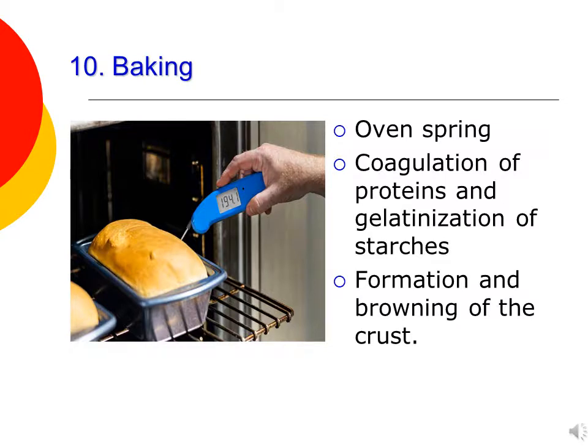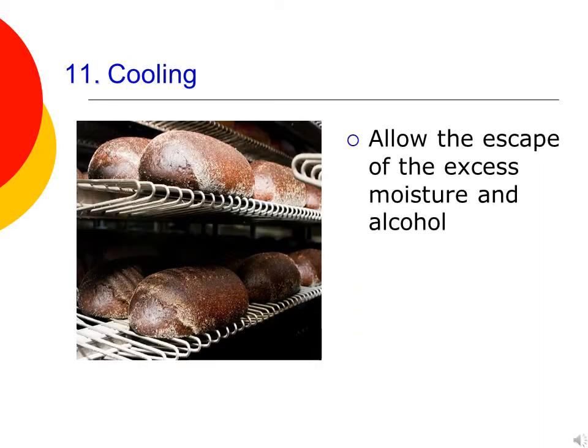In order to control the baking process, the following factors should be considered: oven temperature and baking time, washes, cutting or scoring, loading the ovens, and steam generated during baking. The second last stage is cooling. After baking, bread must be removed from pans and cooled on racks to allow the escape of excess moisture and alcohol created during fermentation.